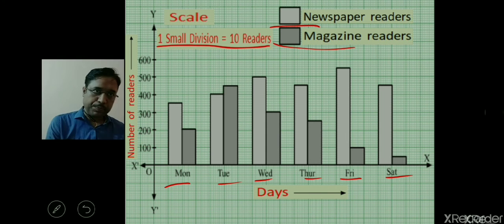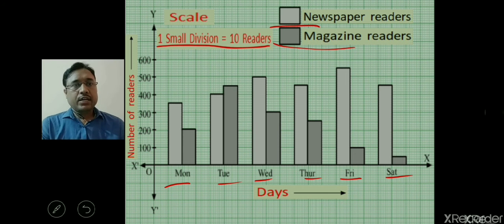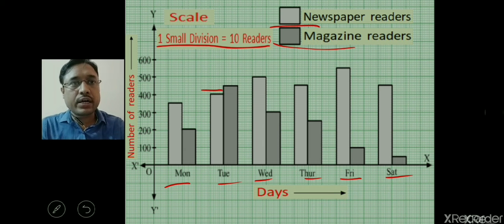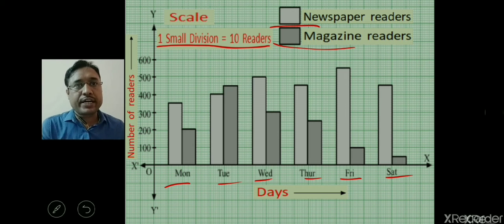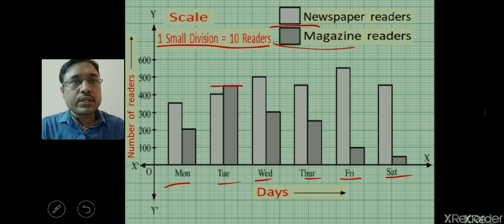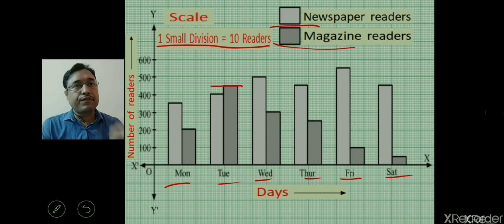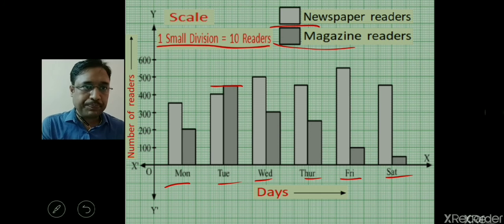So now on Tuesday you can see the data is showing 400 for the newspaper readers, and it is just in the middle of 400 and 500 for the magazine readers. It is shown here. So it is showing 450 magazine readers on Tuesday.